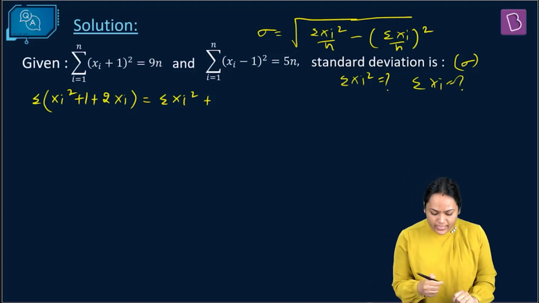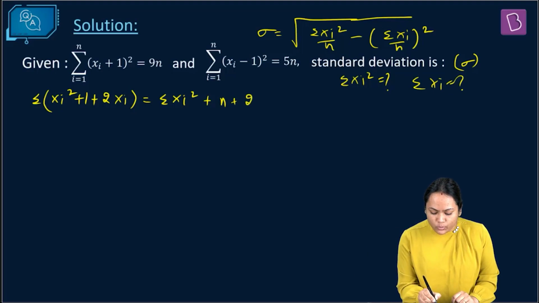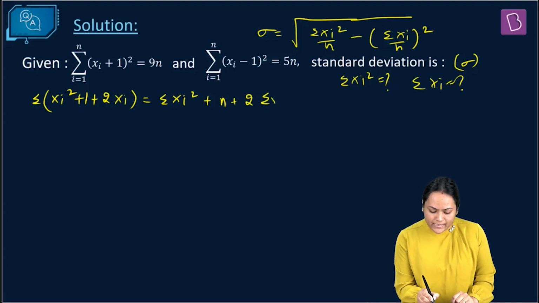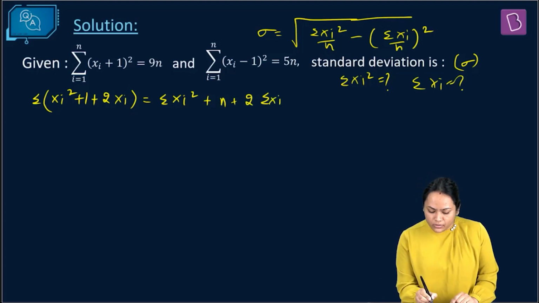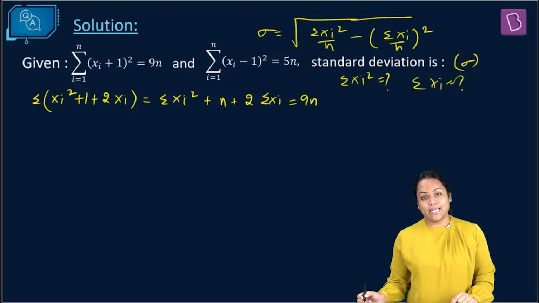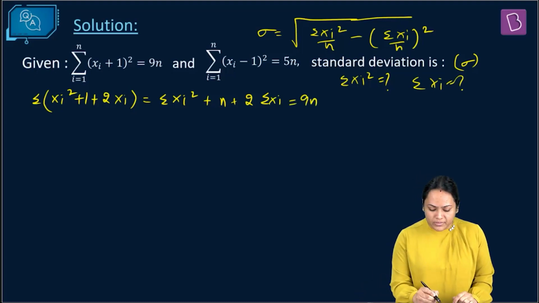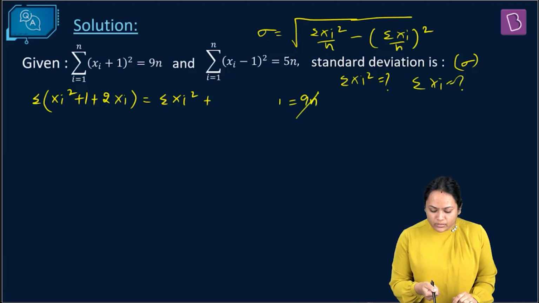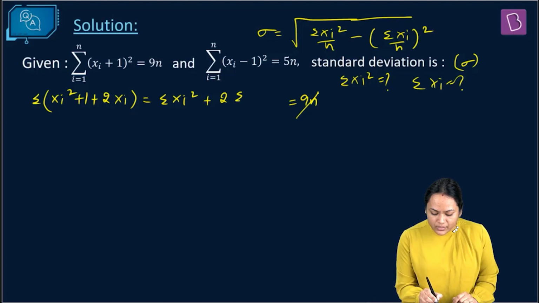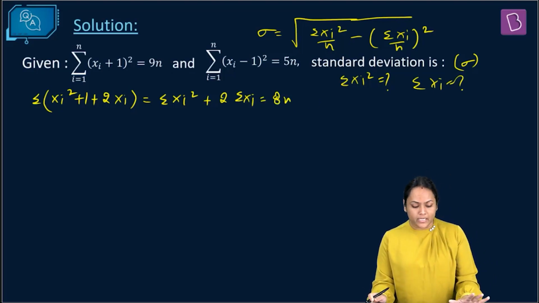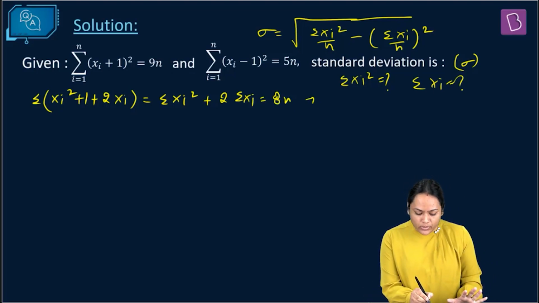So this value is n. And then I have twice of summation xi. I can take 2 common. So this value is equal to 9n. Clear? Okay, so I'm taking this n also to this side. So finally I'll be left with summation of xi square plus twice of summation xi is equal to 8n. Clear? Okay. This is, let's say, my first equation.